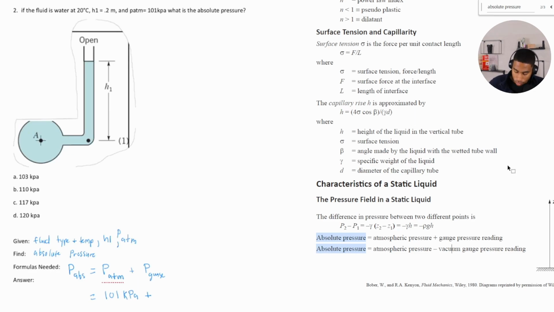All right. So how do I get my gauge pressure? So P gauge is equal to specific weight, not unit weight, but specific weight times my height. All right. What is my specific weight of water?